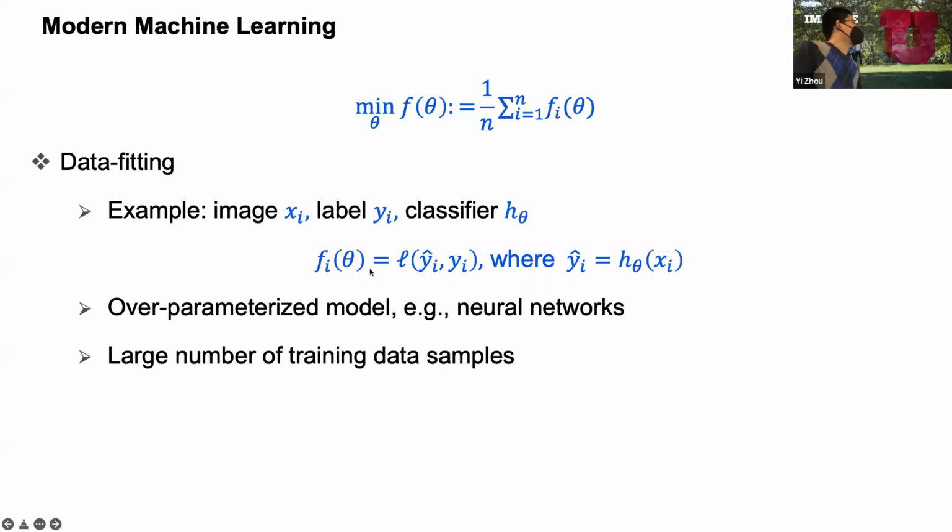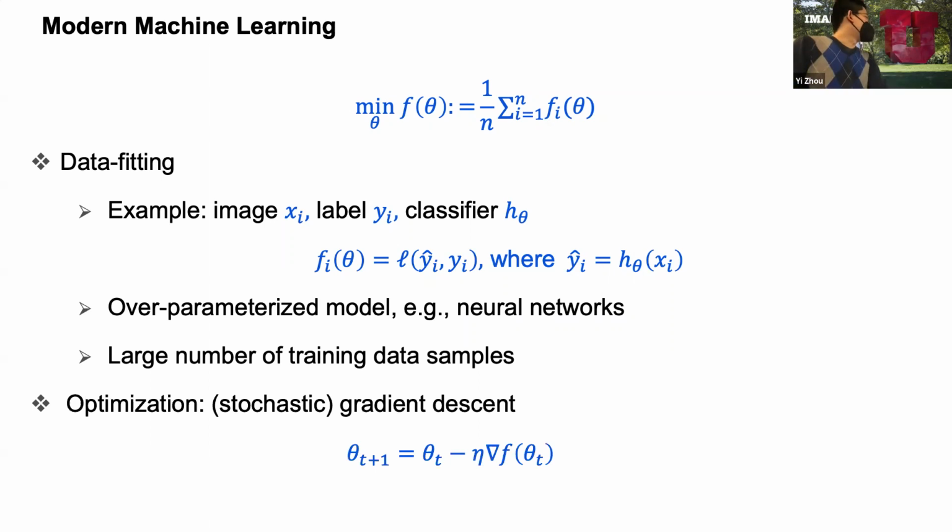In particular, we always use over-parameterized models such as neural networks in this classifier. And in most machine learning applications, we typically involve a large number of training data samples.